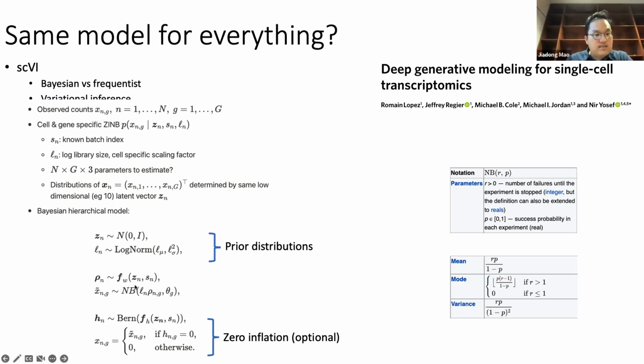From this normalized data, we get negative binomially distributed counts. And from the counts, we can optionally use an additional neural network FH to model the dropouts. This is optional because it depends on the data set. If you believe there is significant dropout in the data set, then you should model that. Otherwise, you can just use negative binomial instead of zero inflated negative binomial.